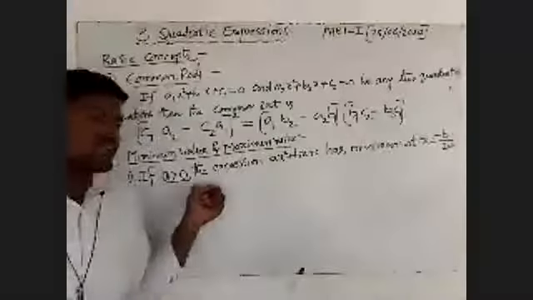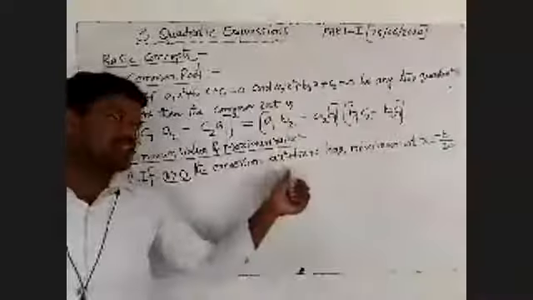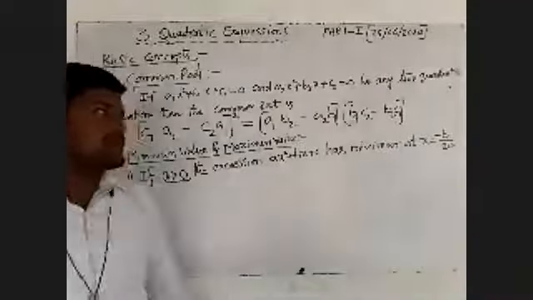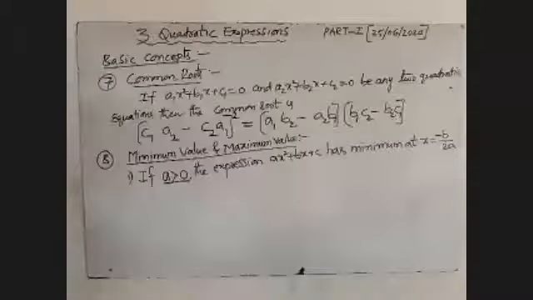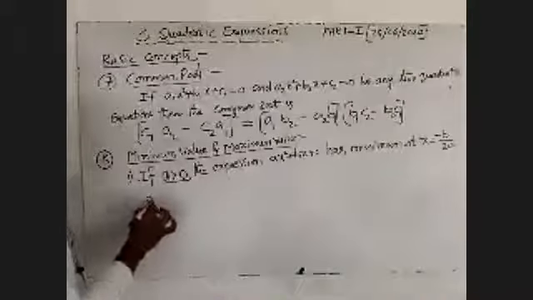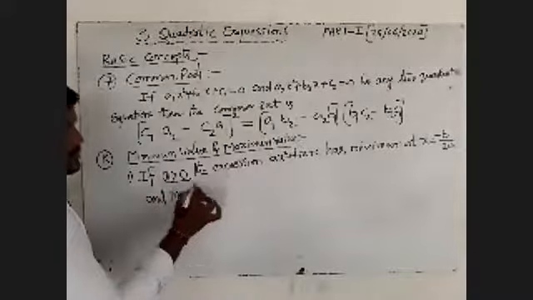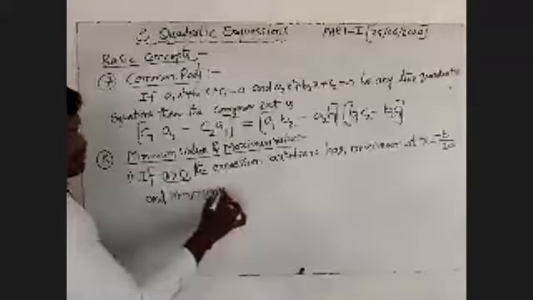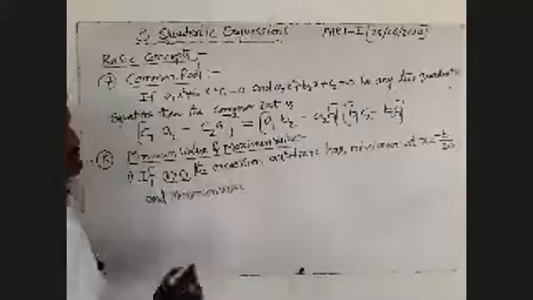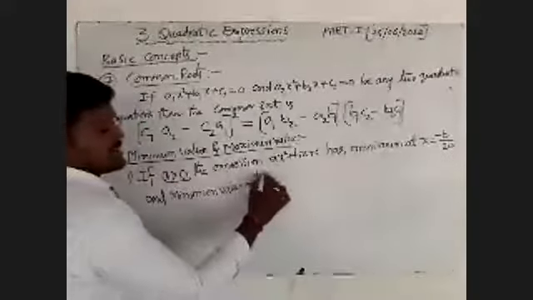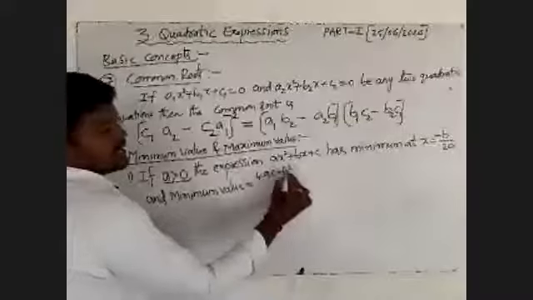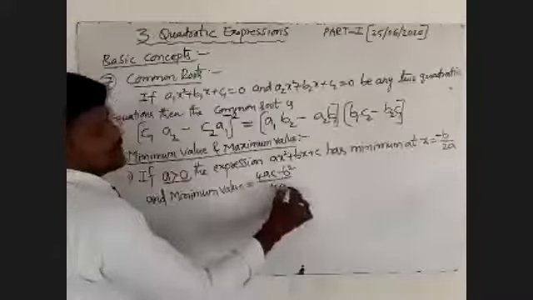If a greater than 0, the expression ax square plus bx plus c has a minimum at x equal to minus b by 2a, and the minimum value is... what is the formula for the minimum value here? The formula is (4ac minus b square) by 4a, we will write.